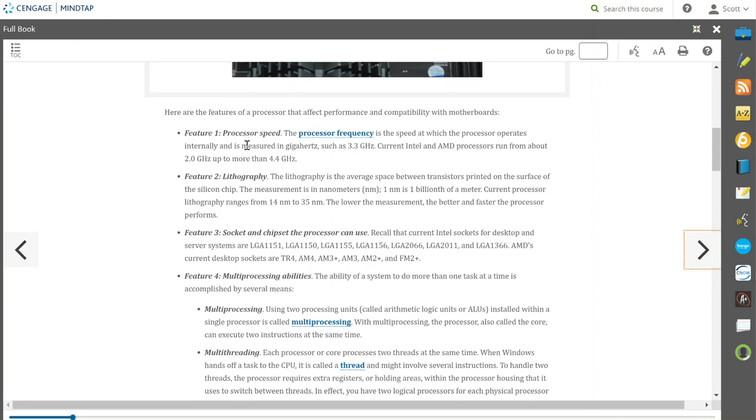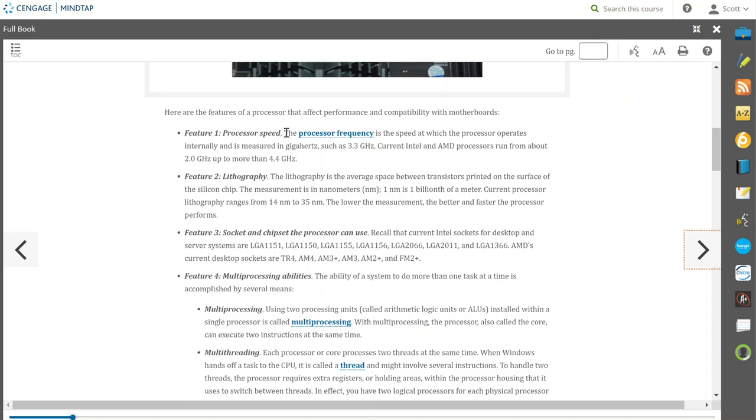First, we've got the processor speed. Now, the analogy I used was people working in a small office. Does everybody that you work with in your workplace work at the same pace? Are they as productive as each other?